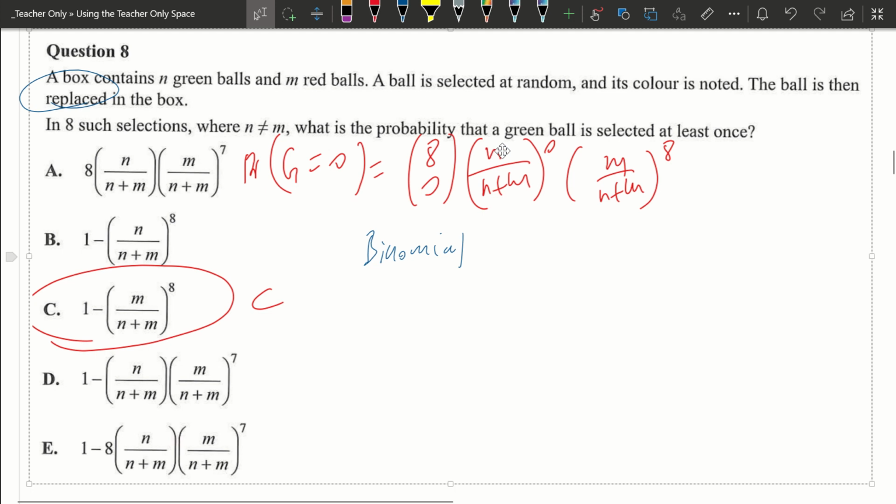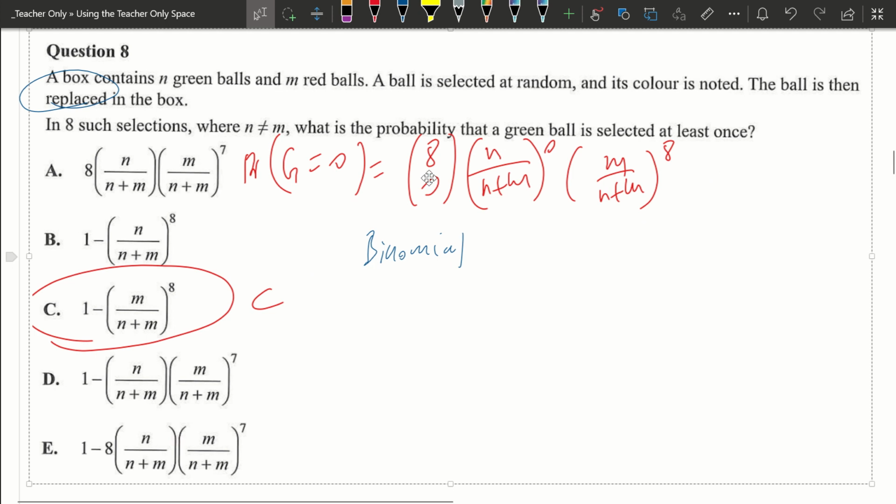And the chance of success is n over n plus m, and so on. Once you have that, you do 1 minus that. 1 is 100% minus selecting no green ball, and you have the chance of selecting at least 1 green.